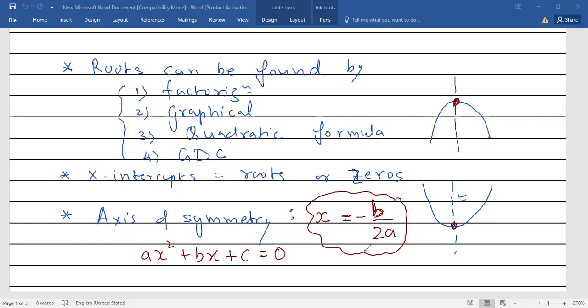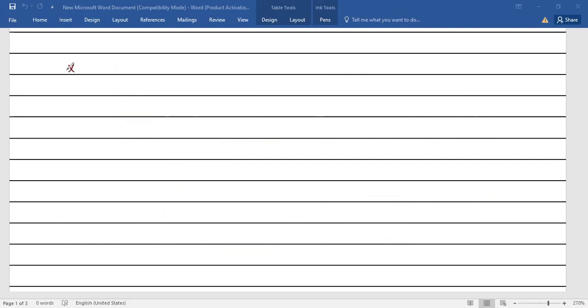And this vertex can be found by applying other methods also, like completing the square. So how will we find this vertex? We have already seen that the vertex will be at x = -b/2a. So it is the x coordinate of the vertex.